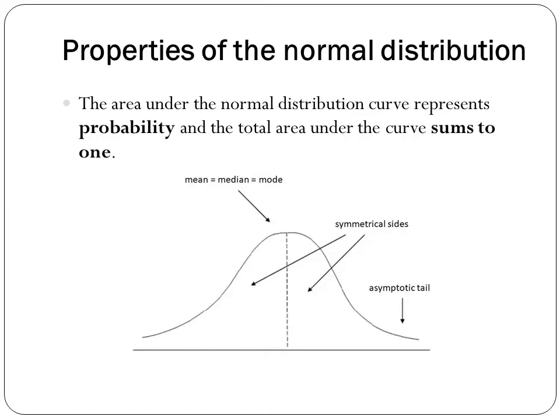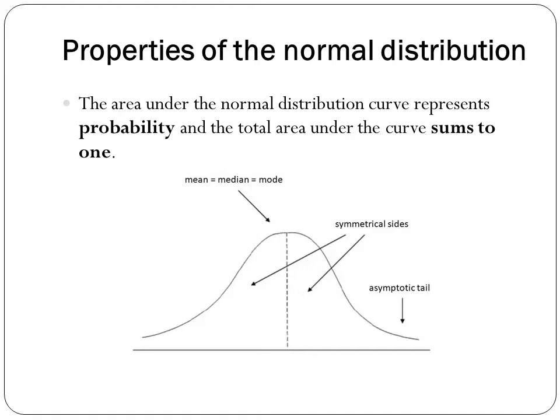The area under the normal distribution curve represents probability. That is why this can be used in probability problems. That is why this is part of the introduction to the probability topic. And aside from probability, percentage can also be used as the term that we will be finding out in solving for the areas under this particular curve.